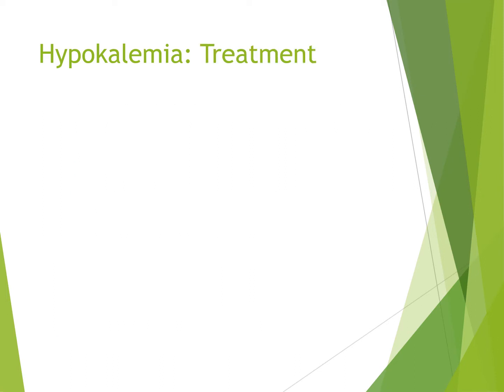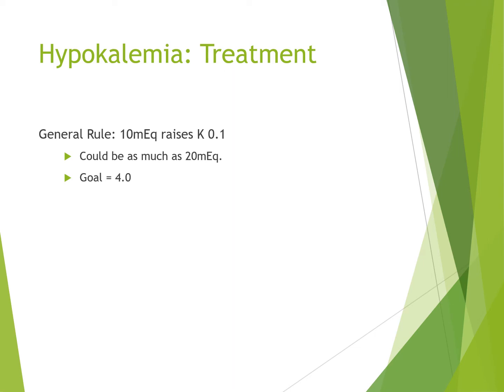As far as the treatment for hypokalemia, there's a general rule where 10 milliequivalents will raise your potassium by 0.1. However, this could be as much as 20 milliequivalents. Remember, normal potassium is 3.5 to 5, so I like to just make my goal 4.0 to make it easier.